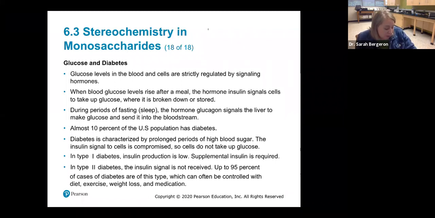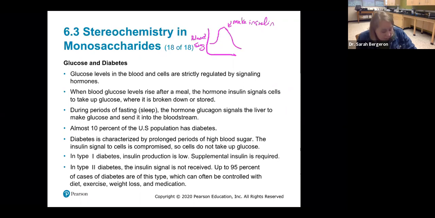So if this is your blood sugar, you eat a meal, it's going to go up. When it gets up here, your body's going to say, make insulin. That blood sugar tells the cells in your body, you need to take up the glucose. And so then your blood sugar is going to drop until you get hungry again.